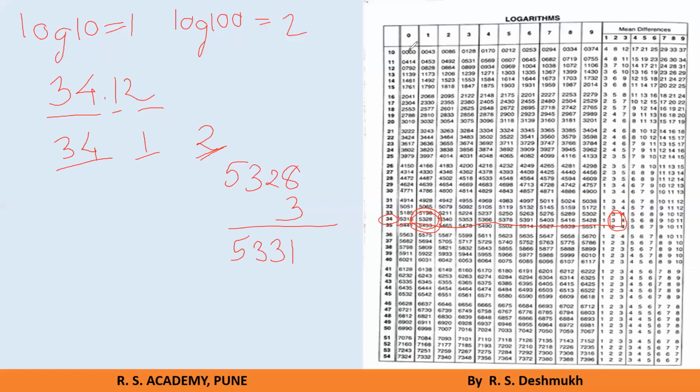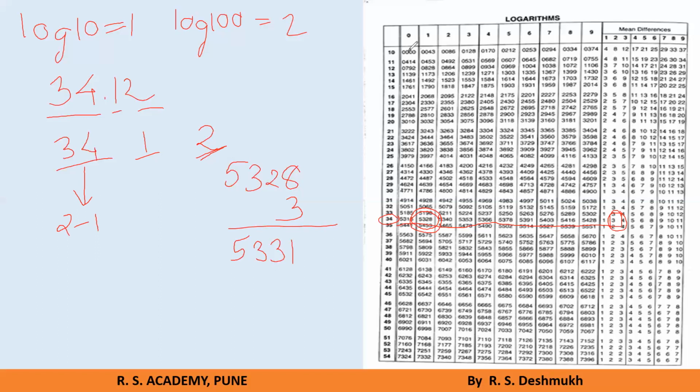Thereafter, one more point. If it is 34.12, dear friends, it is greater than 10 but less than 100, so the log of that value should be greater than 1. Now always keep in mind that the part before the decimal is known as the characteristic. And how do we find the characteristic? Count how many digits are there before the decimal and subtract 1 from it.